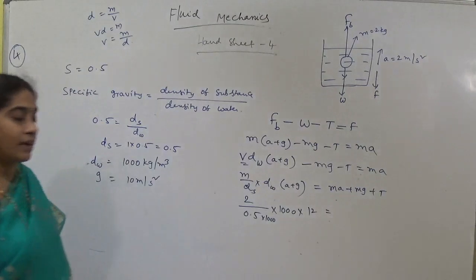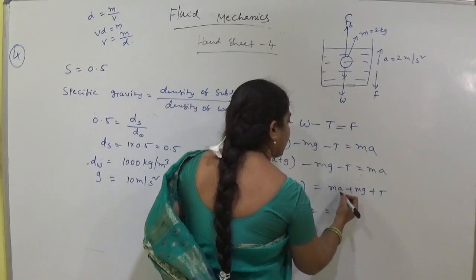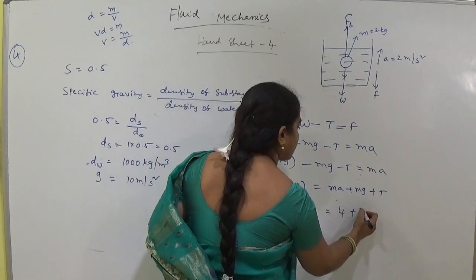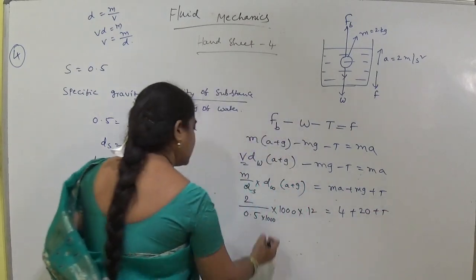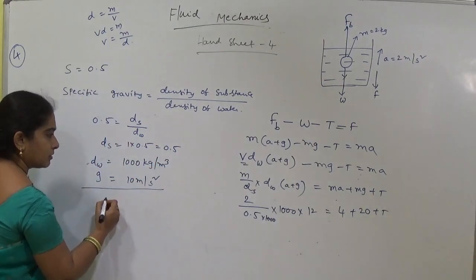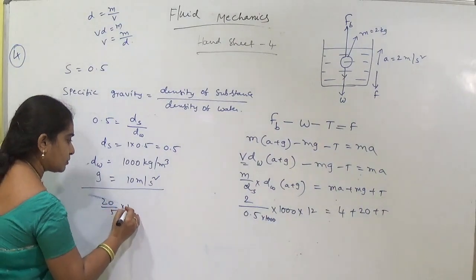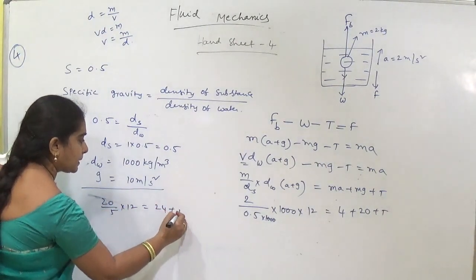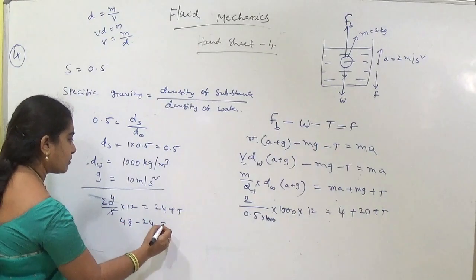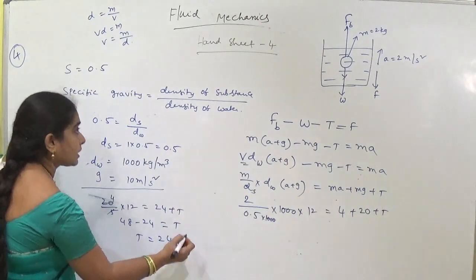G value is 10, A value is 2. So Ma is 2 into 2, 4, plus Mg, 2 into 10, 20, plus T. The 1000 cancels. 50 by 20 by 5 into 12 is equal to 24 plus T. 5 fours are 48, minus 24 is equal to T. So T is equal to 24 Newton.